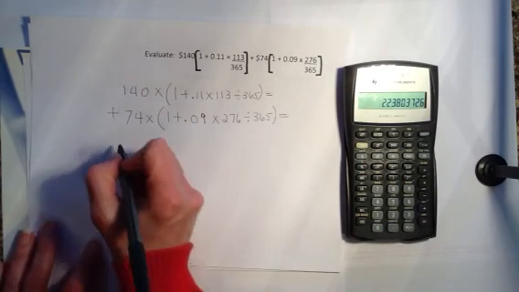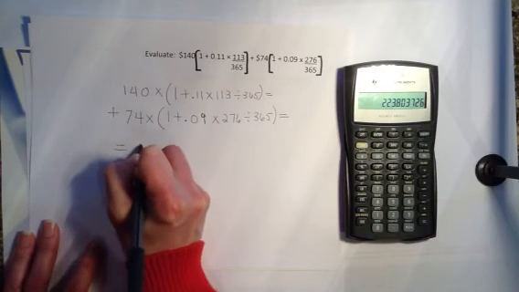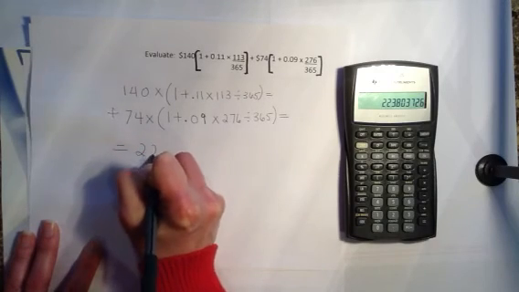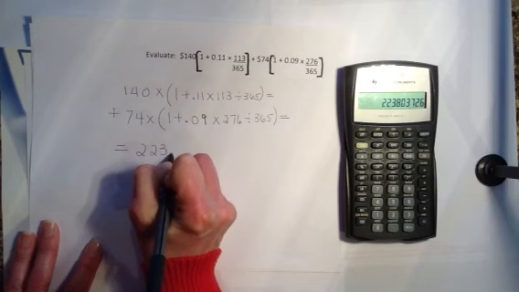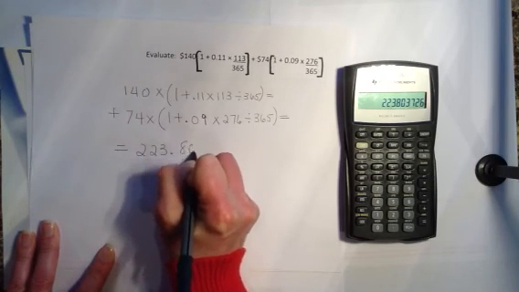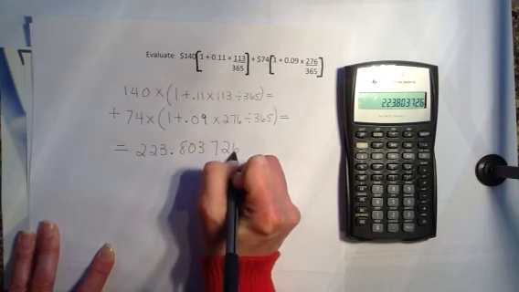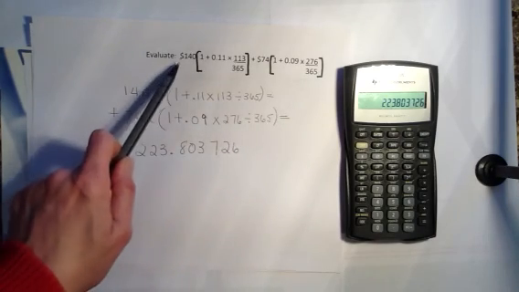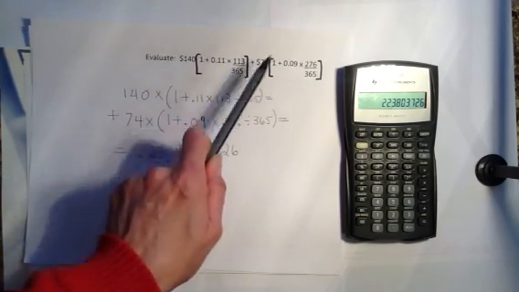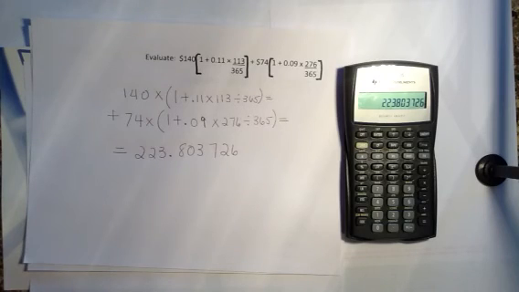So you'll see in the calculator the number that I've got here is 223.803726.